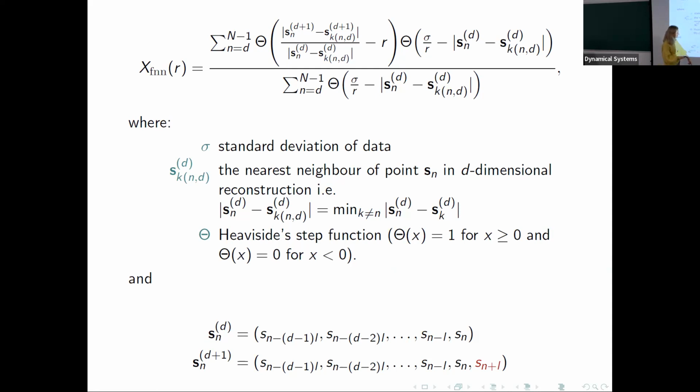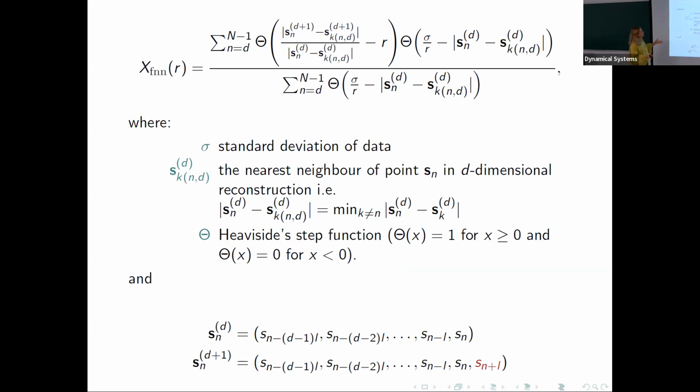So if by adding this one next coordinate this distance increases by some factor r, where r is a parameter of the method, then we say that these points originally couldn't be real neighbors; they were so-called false nearest neighbors, because if they were really close to each other, then their future evolutions cannot differ too much.